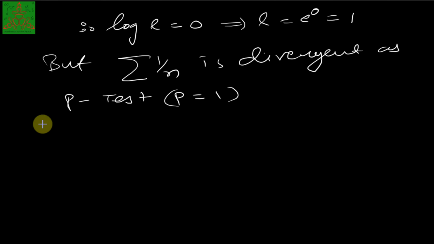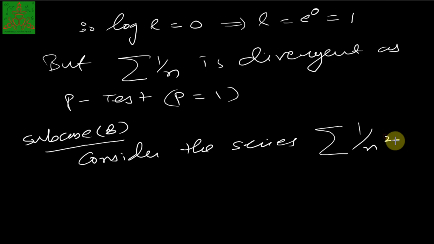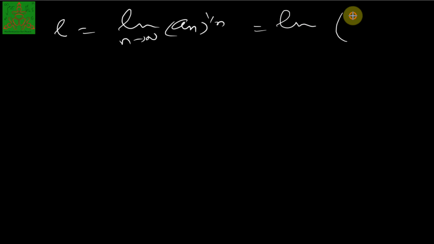Now subcase B, consider the series summation of 1 upon n square. Here a_n is 1 upon n square, and we need to see the value of L. So let L be equal to the limit of a_n^(1/n) as n tends to infinity, that is (1/n square)^(1/n) as n tends to infinity.